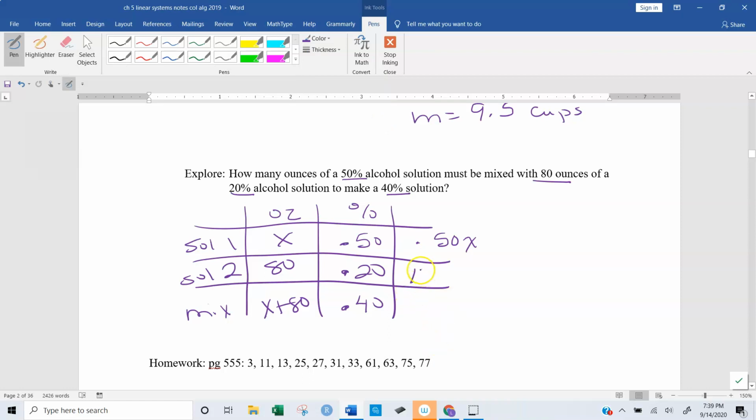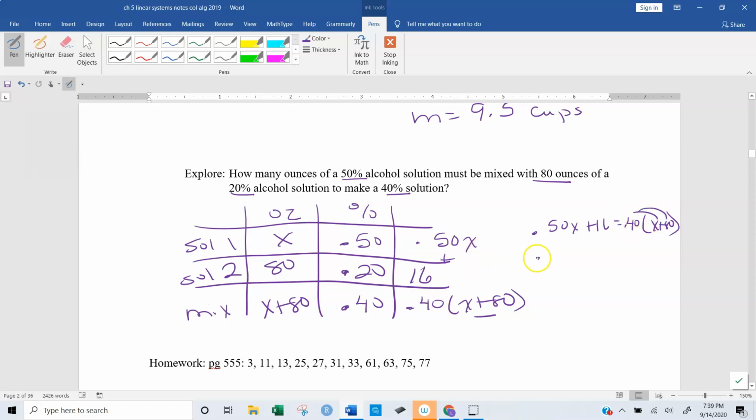Okay, 16. And now we have to take the 0.40 times the X plus 80. Substitution is done in the table, so now I have to create my equation is all. So 0.50x plus 16 has to equal 0.40 times x plus 80.